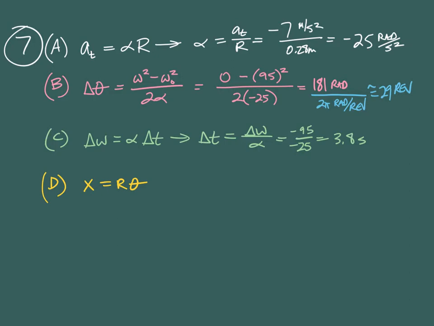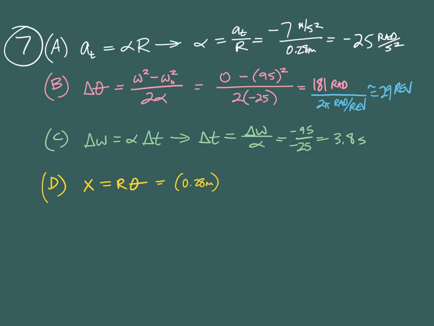Okay? So the x distance that it goes will be equal to the arc length from start to finish, which is going to be more than the circumference of the tire. Unless this is a really big tire. Right? So x equals r theta. So r is 0.28 meters.